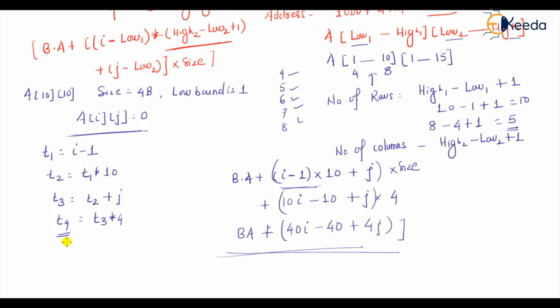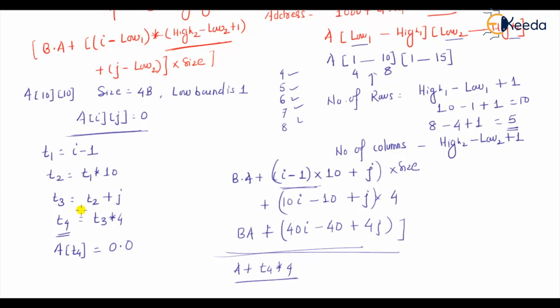So now A of T4 will open in this way: A of T4 will be A plus T4 into 4. Now I can finally say A of T4 is equal to 0.0.